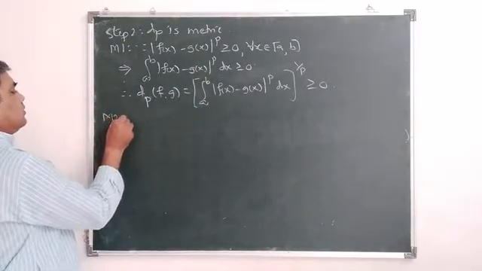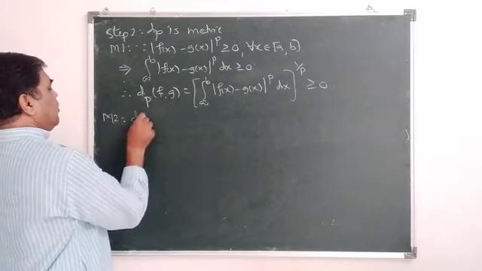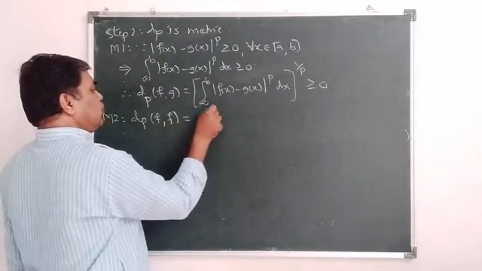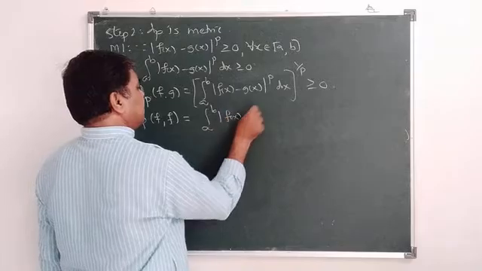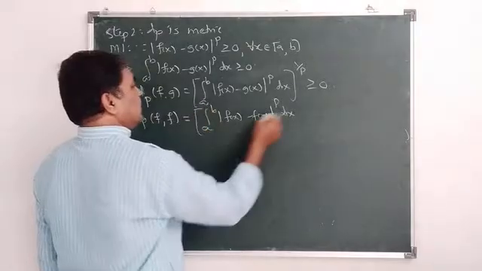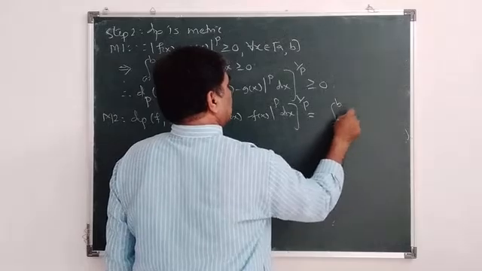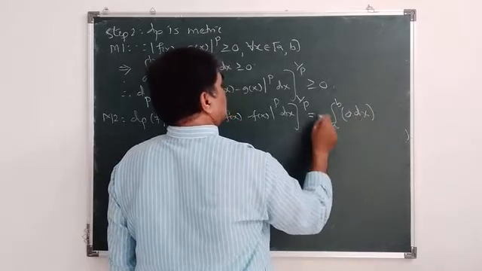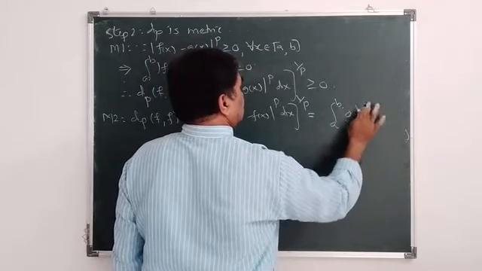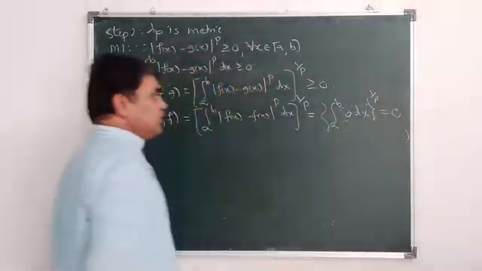M2. d_p of (f,f) is equal to the integral of a to b mod f(x) minus f(x) raised to p dx, whole thing raised to 1 by p, which is nothing but the integral of a to b of 0 dx, raised to 1 by p, which is 0, because the definite integral of 0 is 0.